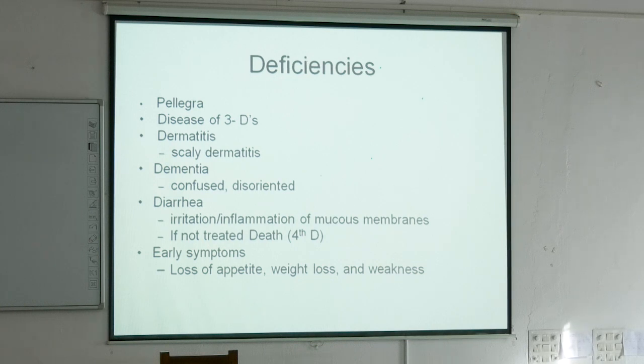The fun fact you can say about all these water soluble vitamins and fat soluble vitamins is that their deficiency manifestations were discovered soon after the Second World War, because during the Second World War these were tested on prisoners of war.